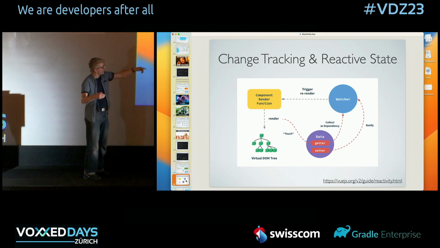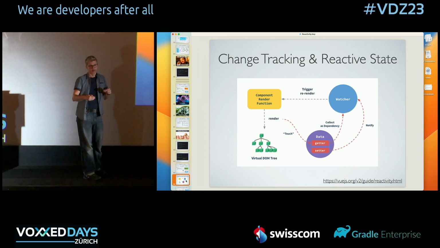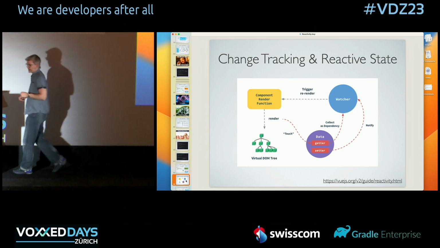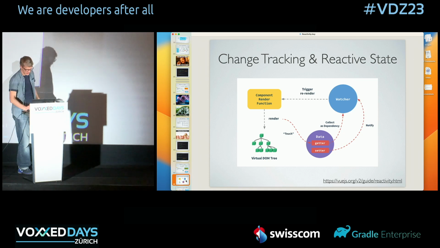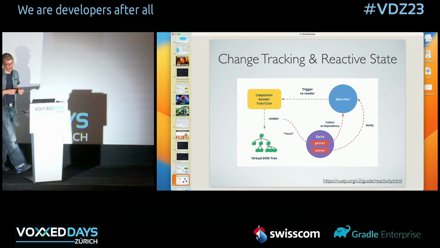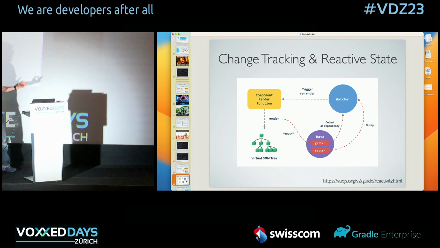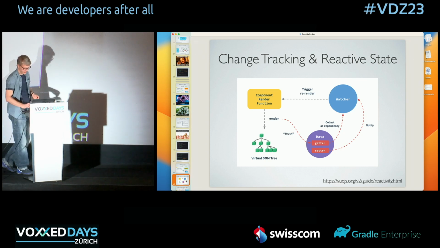And then later on, if somebody is changing that state by calling a setter, then it knows, oh, I have some other pieces which depend on that state, so I have to trigger them again when the state changes. And that's called fine-grained reactivity, or the fine-grained reactive state, which allows Vue to avoid those cascades that we have seen in Angular or in React.